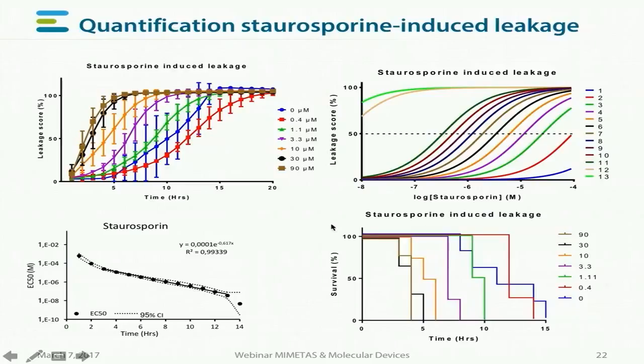And finally, which we also find often very useful, is to create a sort of Kaplan-Meier curve of these tubes, which means that we score the survival of the leak-tight tubules, which also gives a very nice insight in the effects of the compounds at different concentrations.